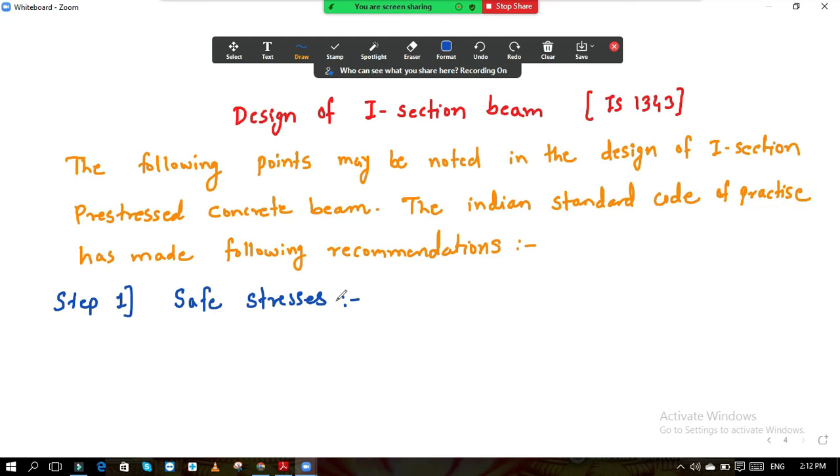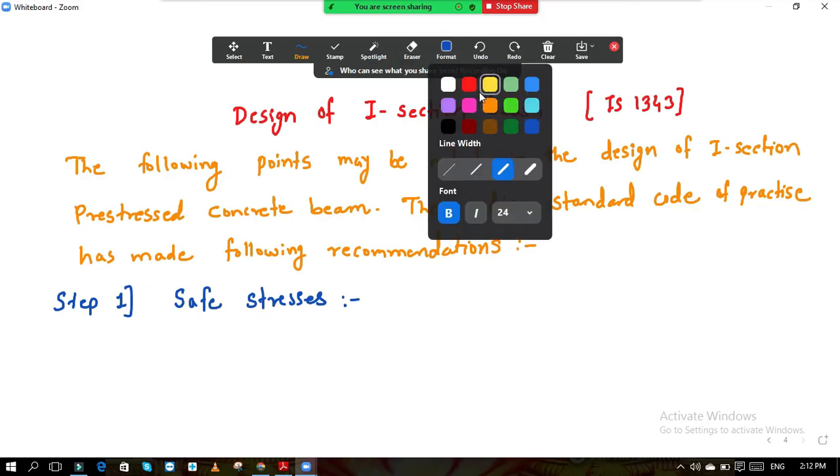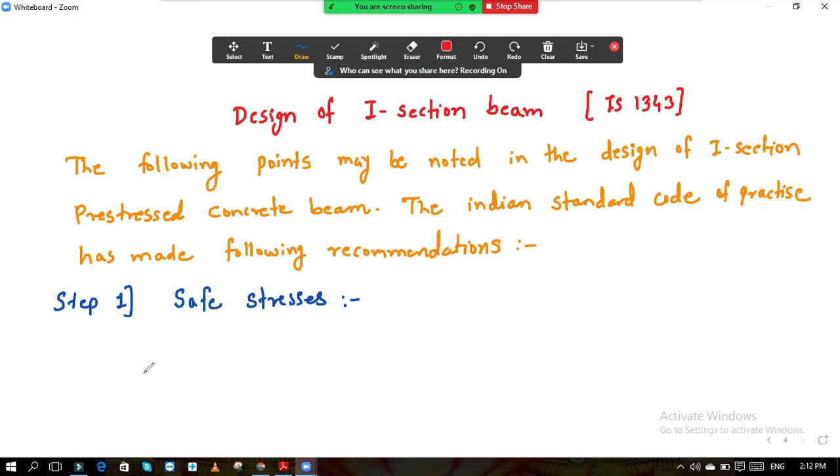Okay. So first, when we talk about the safe stresses, they are there in concrete as well as in the steel. So first we will consider concrete.